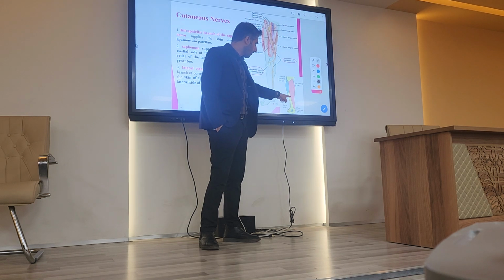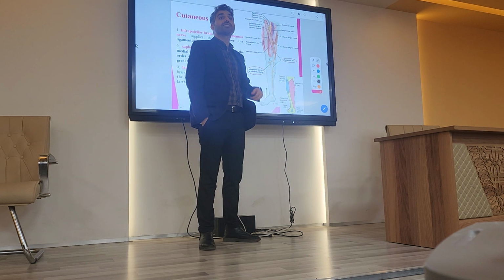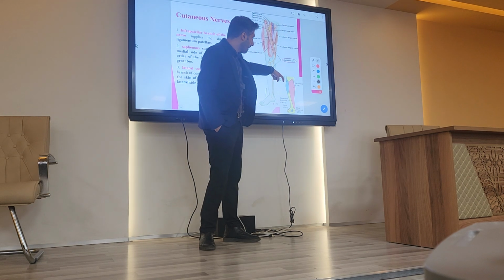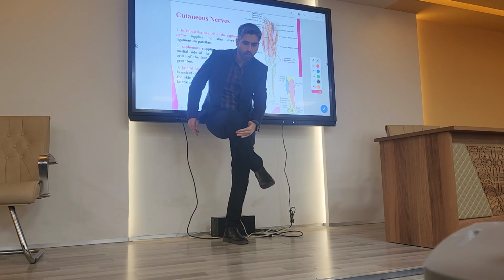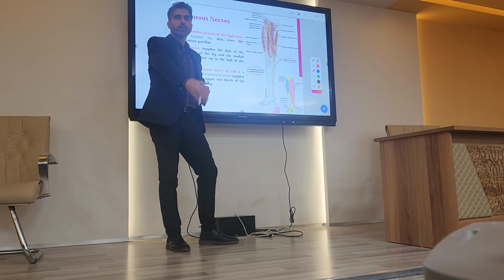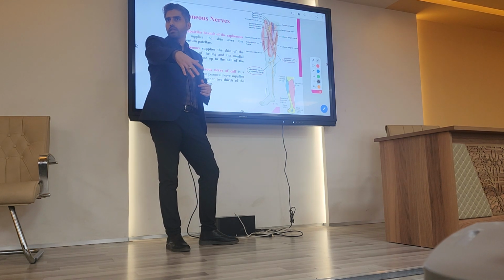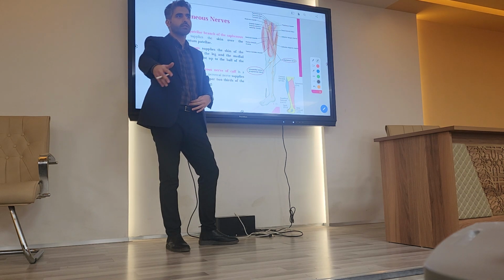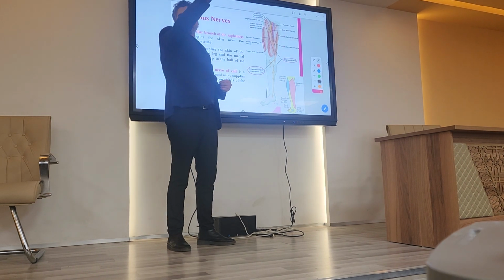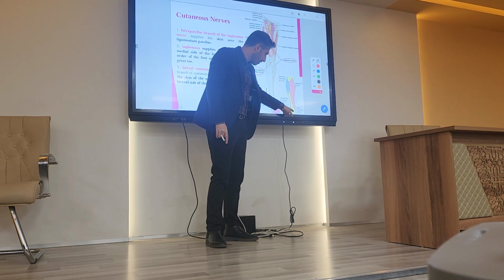So this is the superficial fibular nerve's sensory function. How about deep fibular nerve? It innervates the anterior compartment muscles, then goes to the dorsal side of the foot. Here it innervates one or two muscles, extensor digitorum brevis and extensor hallucis brevis. After that it becomes sensory. It's here, just here.